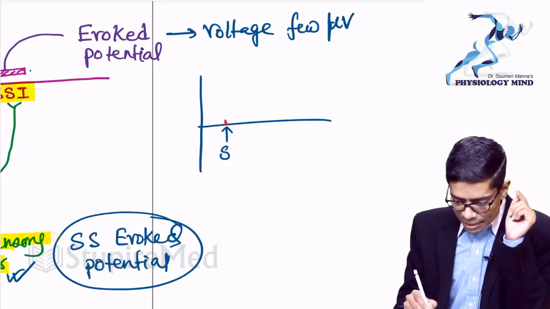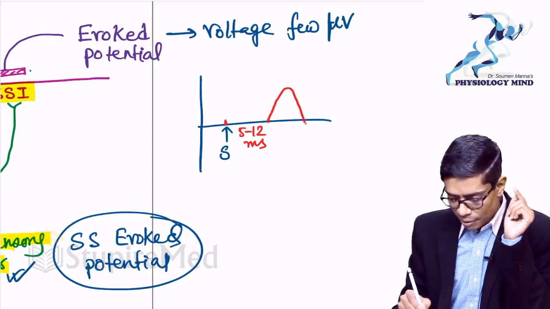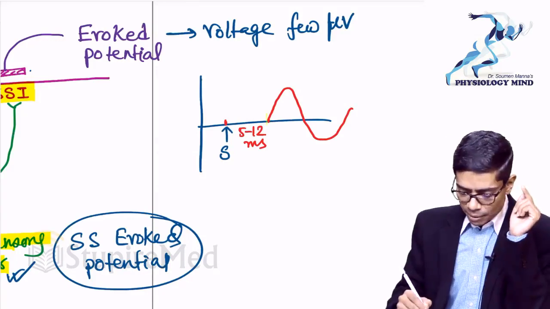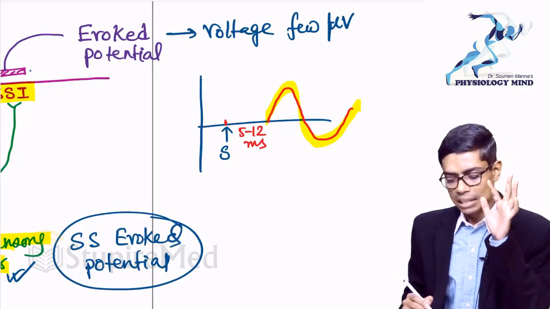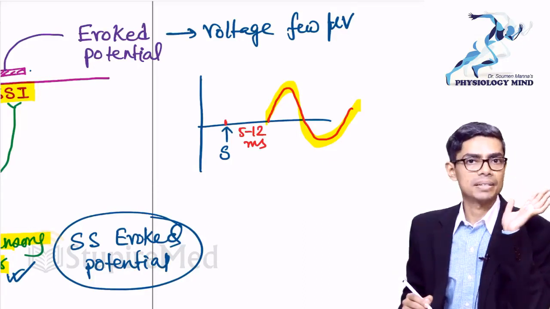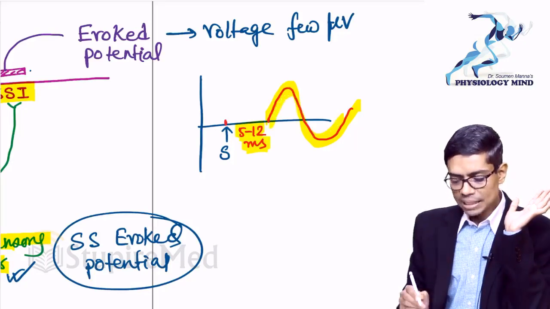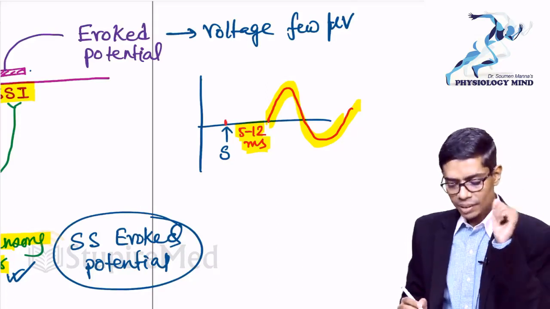After a latency of 5 to 12 milliseconds, I am going to get a positive followed by a negative recording. This positive followed by negative recording is nothing but the somatosensory evoked potential, right? So this latency is important here, and this positive-negative combination of wave is also important, right?